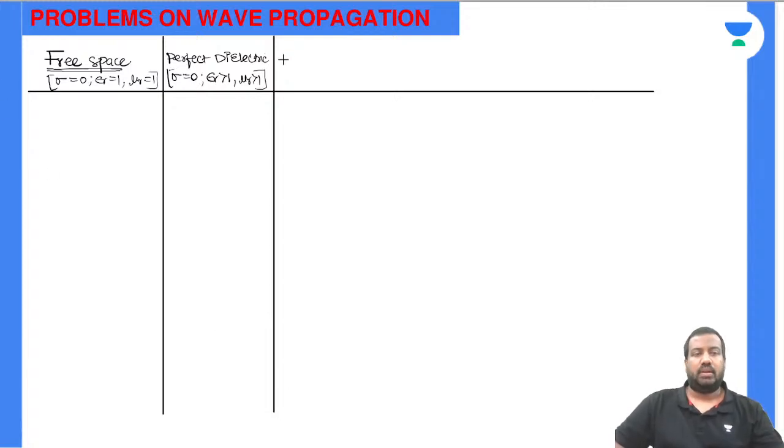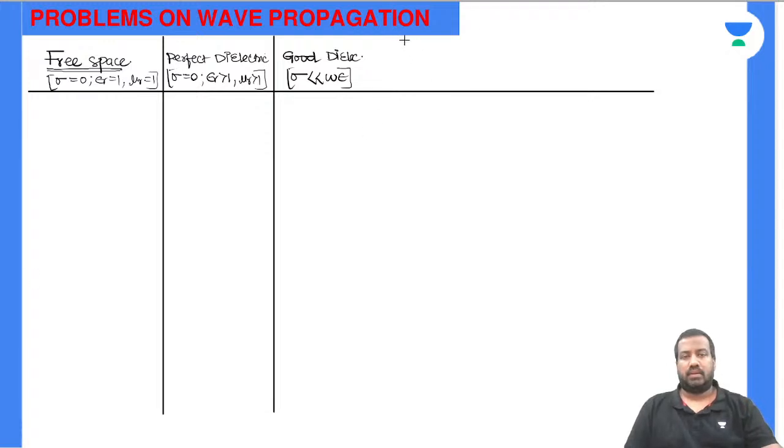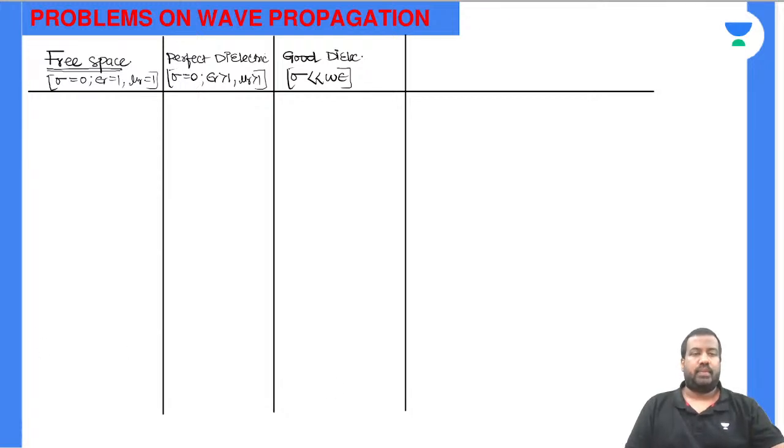Covered it for good dielectrics. For a good dielectric, sigma is far less than omega epsilon. Then we went for good conductor.